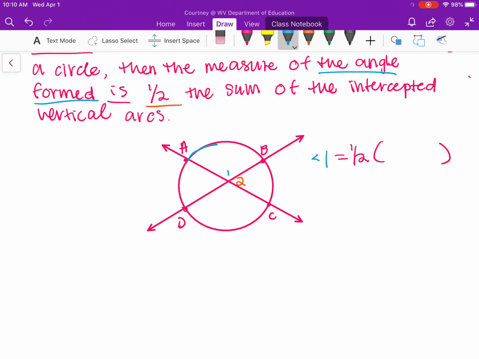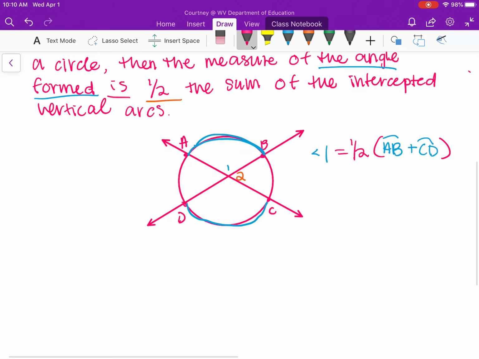So here is one of those, and vertical means straight across, so here's the other one. So half of AB plus CD. Okay, angle 1 is half of arc AB plus arc CD.